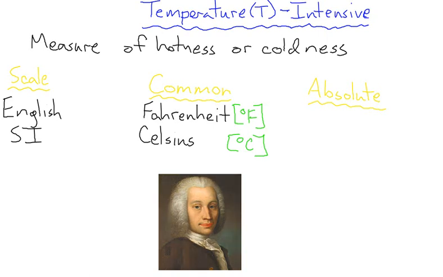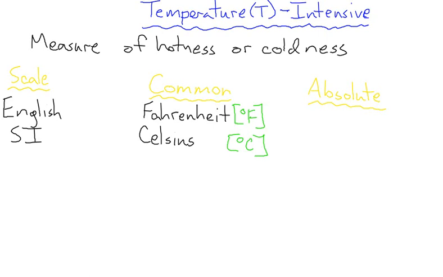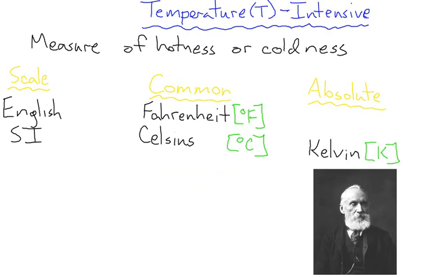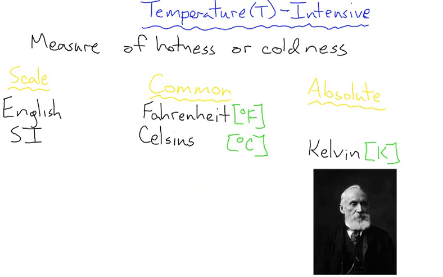So Lord Kelvin, in 1848, developed his system, and his, in the absolute type, is based on absolute 0 temperature. So it is supposed to be theoretically the coldest temperature you can ever get a fluid. He based it on Celsius, but determined what the lowest temperature in Celsius could be and said that is 0.